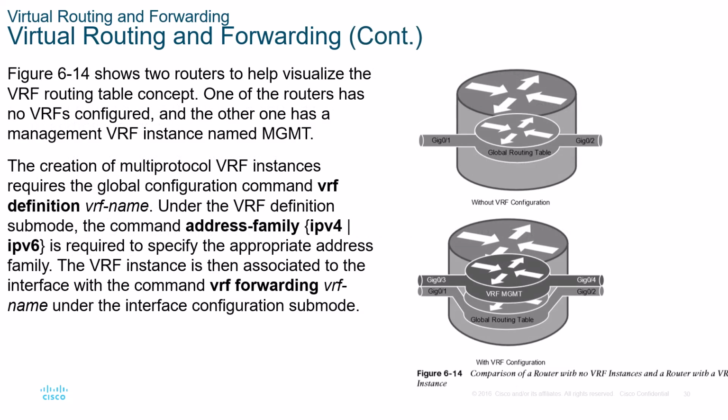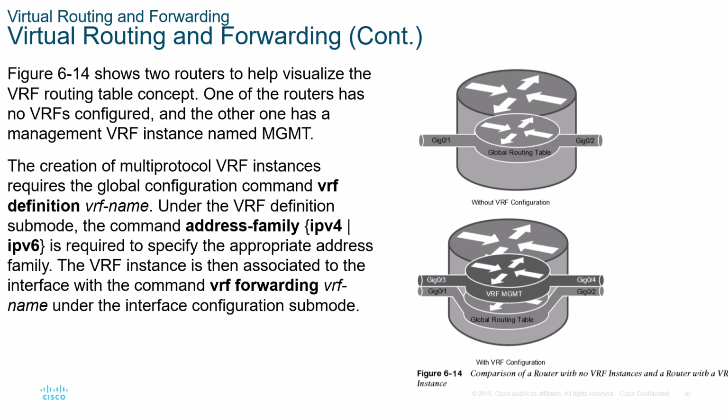Here we have our traditional global routing table on one interface. We can create multiple VRF instances, which will require the global configuration command vrf definition, followed by the VRF name. Sadly, I do not have a hardware device that would actually allow me to demo this yet.